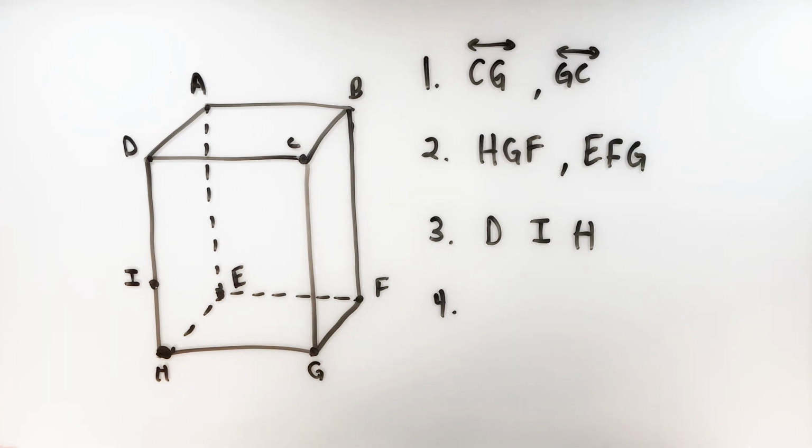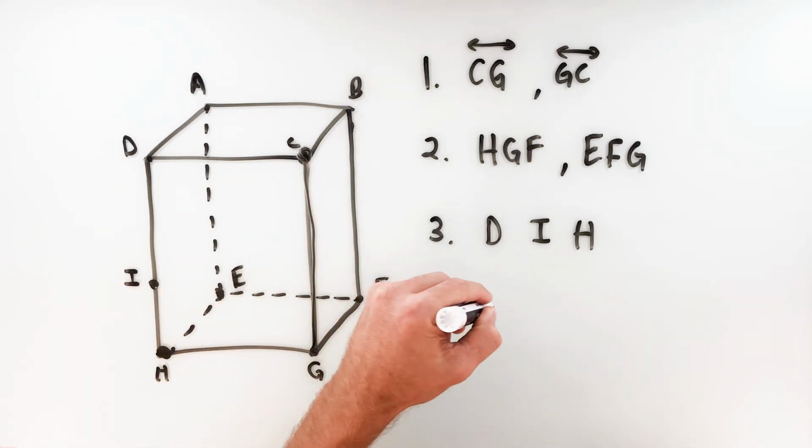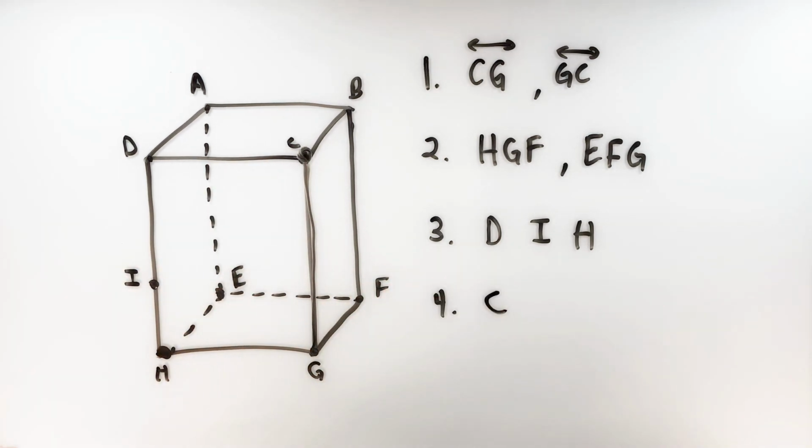Where does the front right corner intersect the top right edge? So we should be looking at just one single point here. And that point, right there, C. Okay, so a line intersects a plane in just one point. Point C.